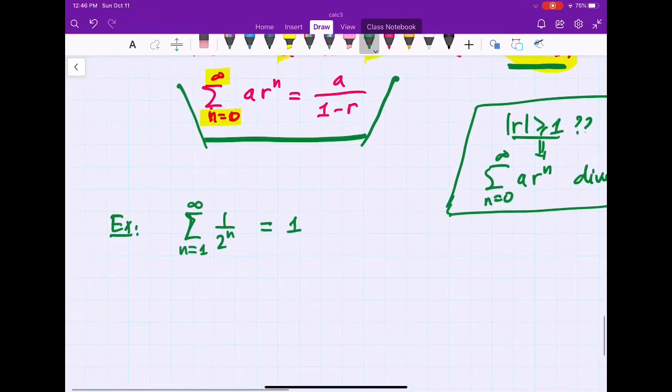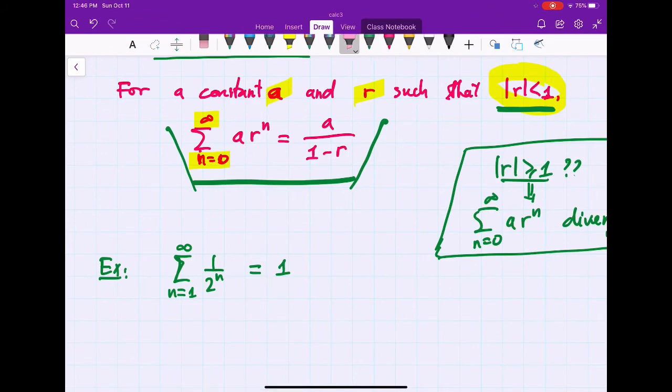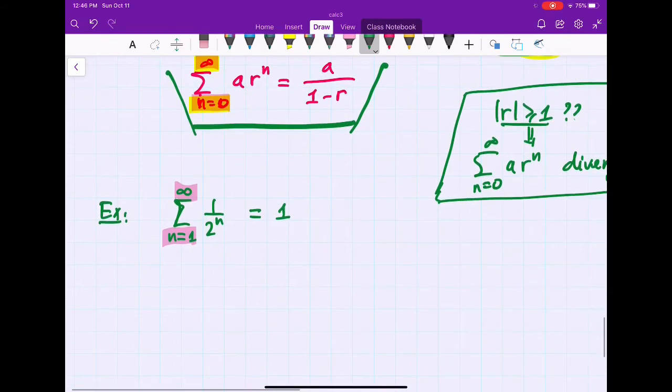But we have to pay attention here. Here the index runs from 1 to infinity, and in the formula the index runs from 0 to infinity. So if you want to use the formula, you need to add and subtract the term corresponding to n equal to 0.